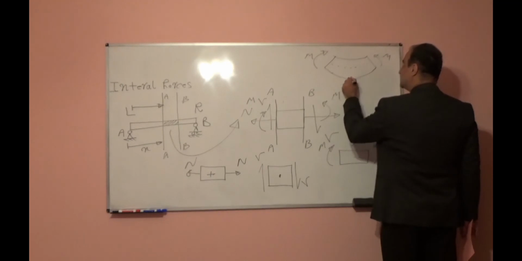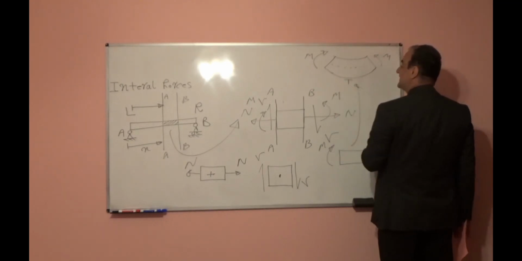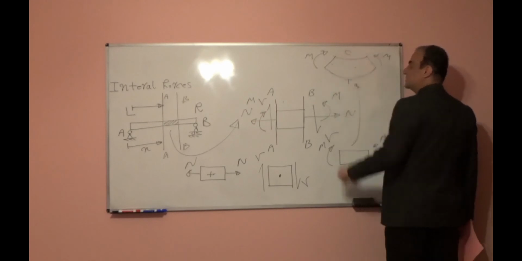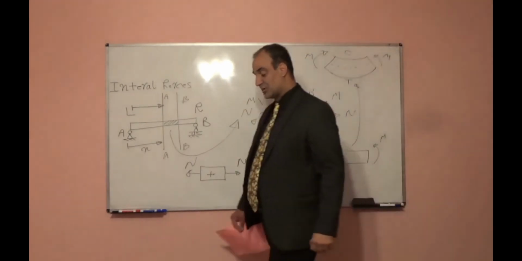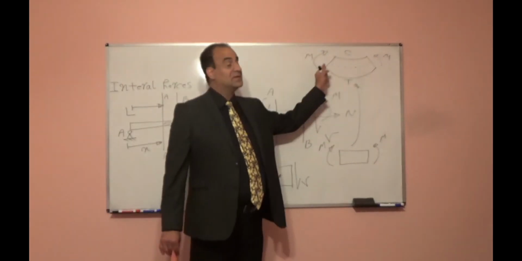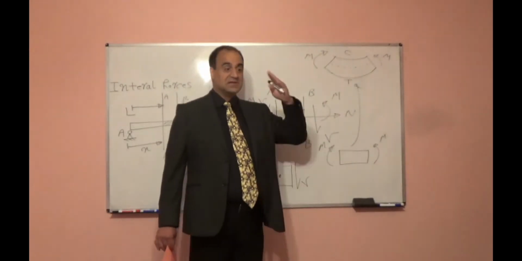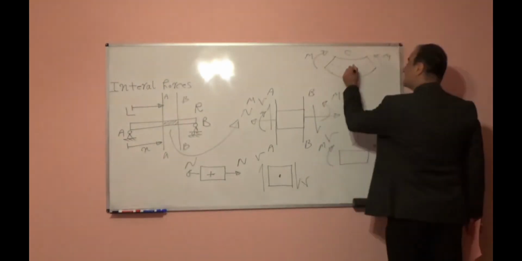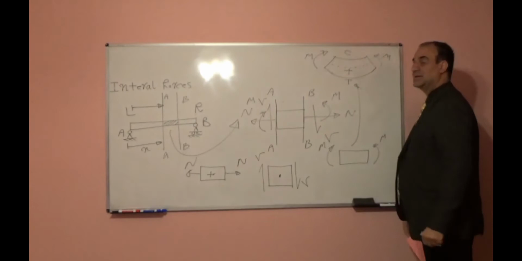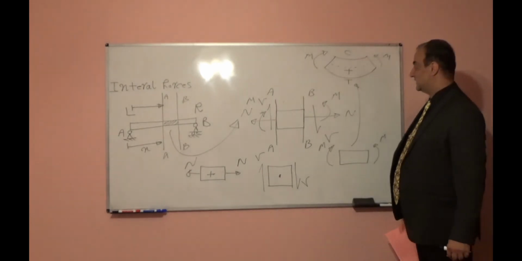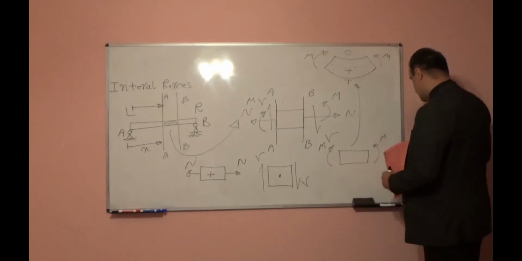So underneath of the beam you will have tension, top side of the beam you will have compression. If bending moment creates tension underneath of the beam and compression in the top side of the beam, we call that positive internal bending moment.